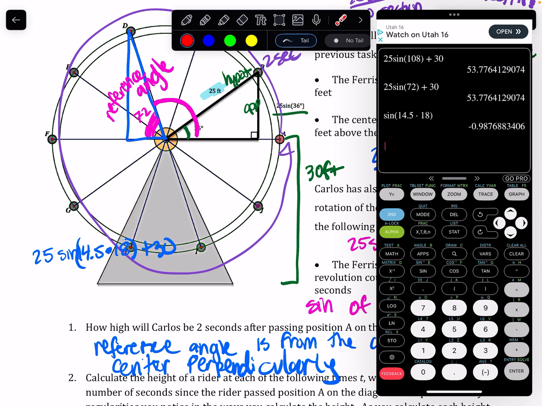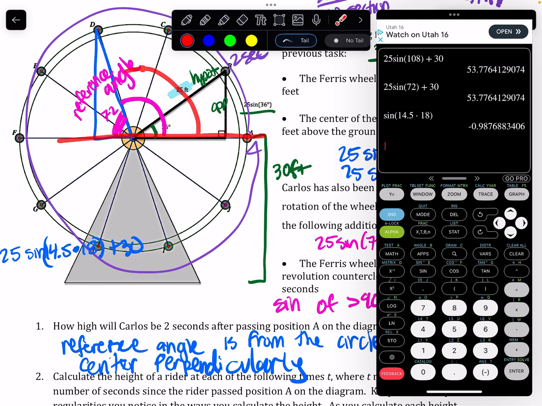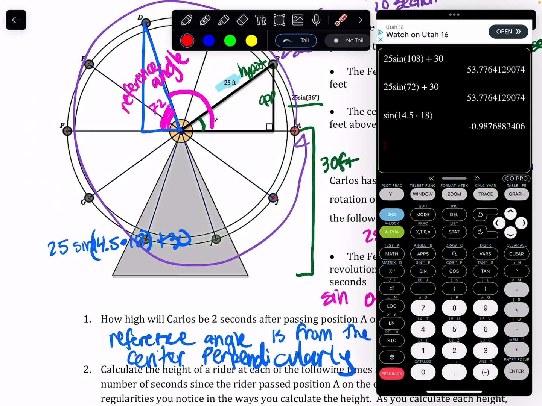So we have this information now that if it's above the center, our sign is going to be positive. If it's below the center, our sign is going to be negative, which should make sense because we had to subtract it off from the 30 the previous day. If I'm using the reference angle, I have to do that subtraction myself.